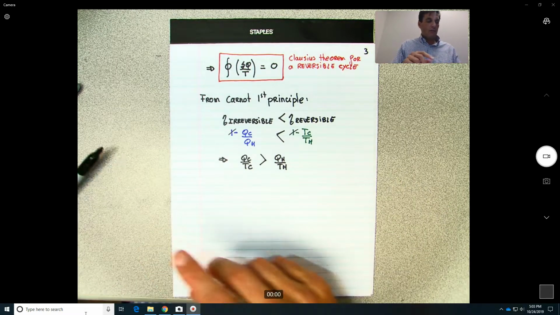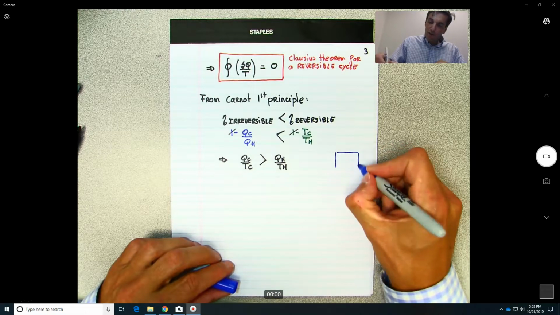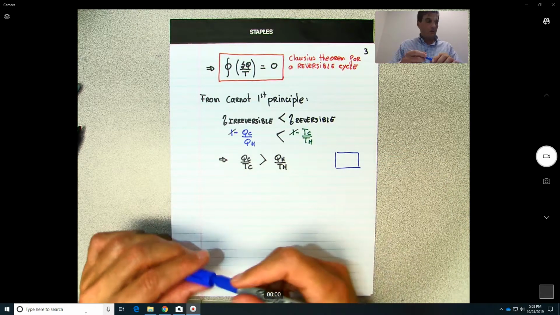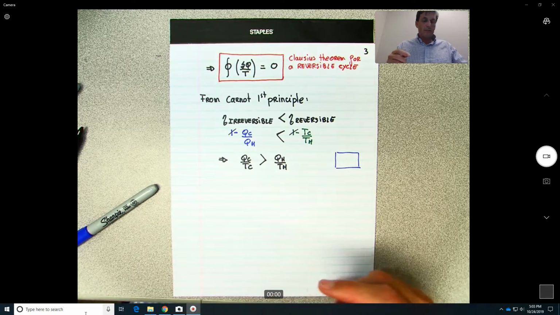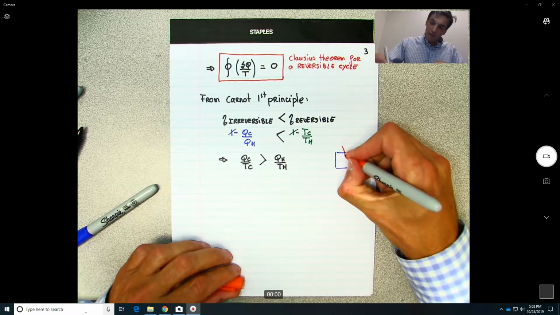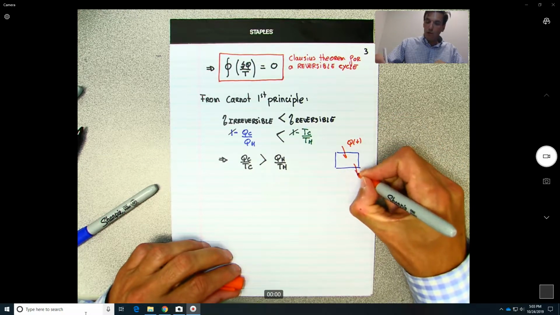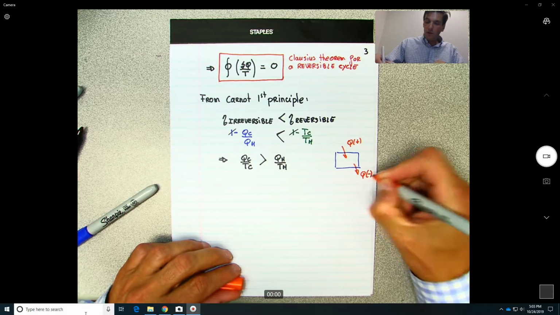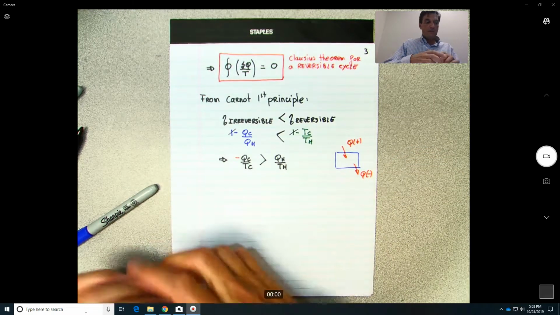And now, same thing as before. If you remember the sign convention for Q, the orange, the Q going in is positive, the Q going out is negative. So that means we have a minus sign.